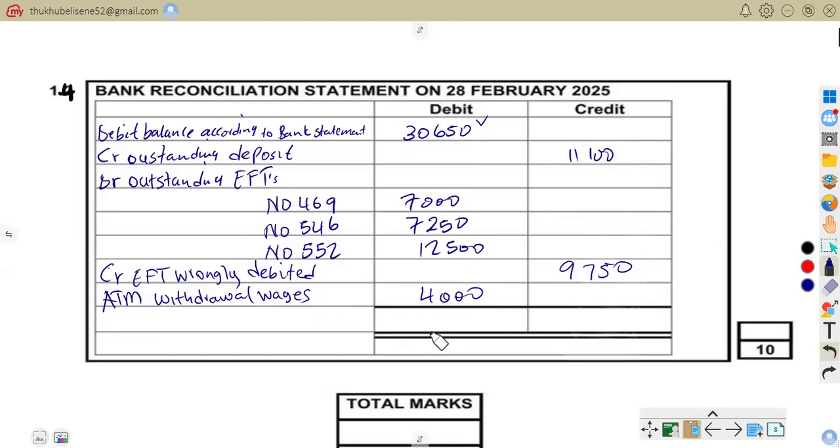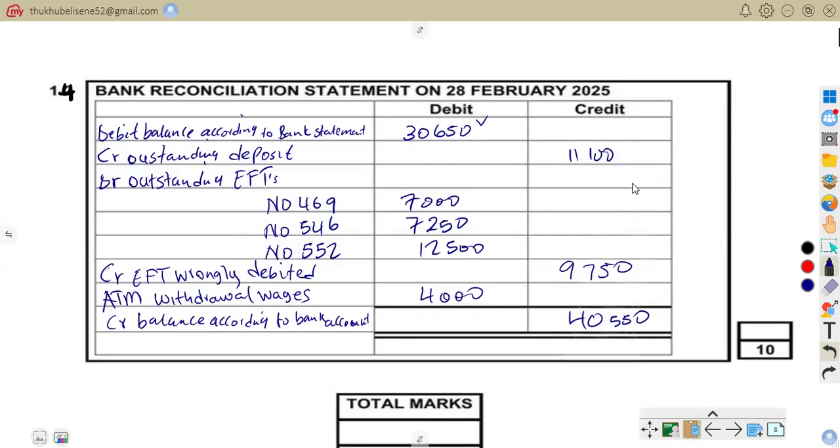So we say credit balance according to bank account, which is 40,550.